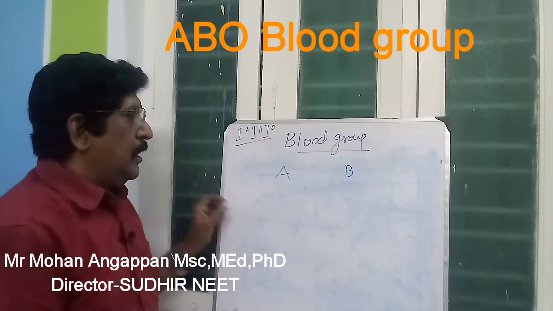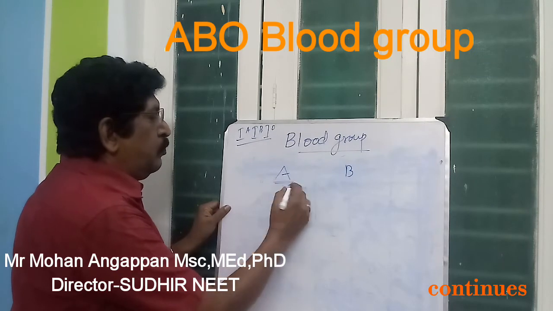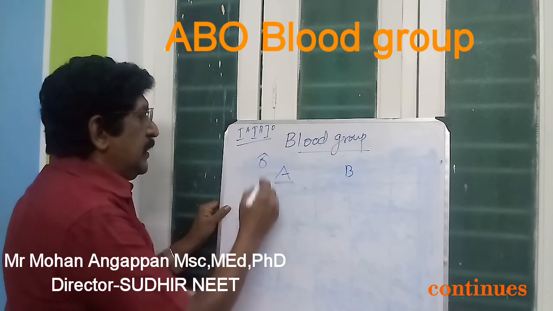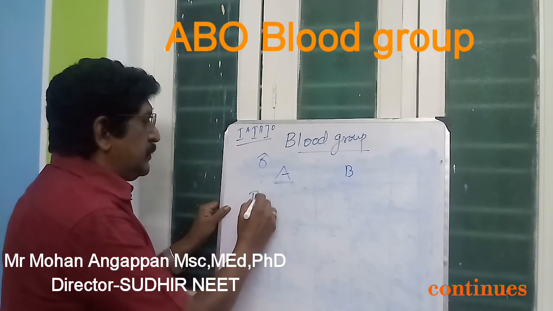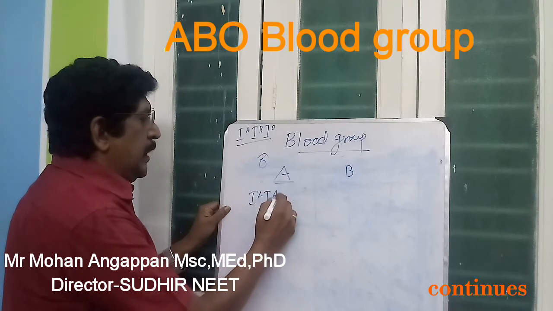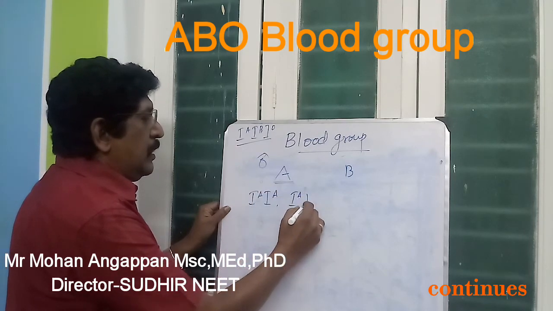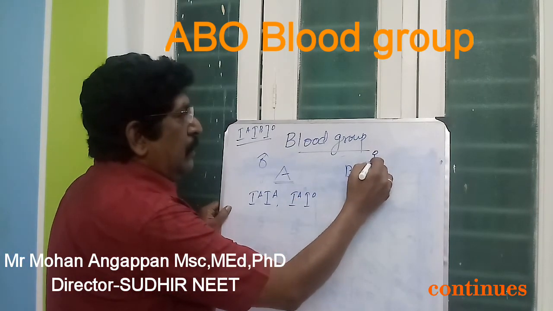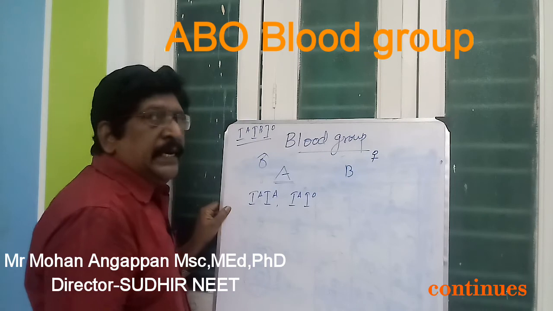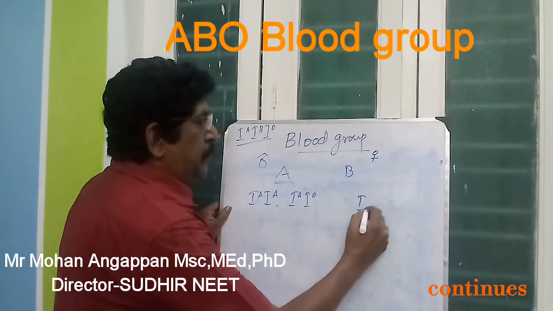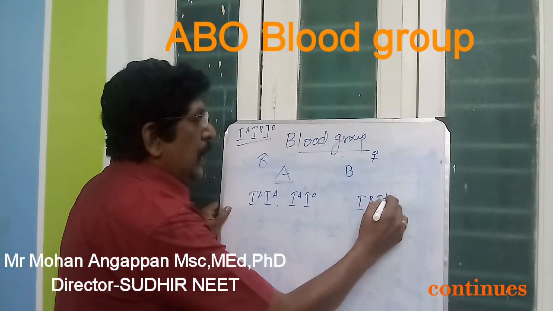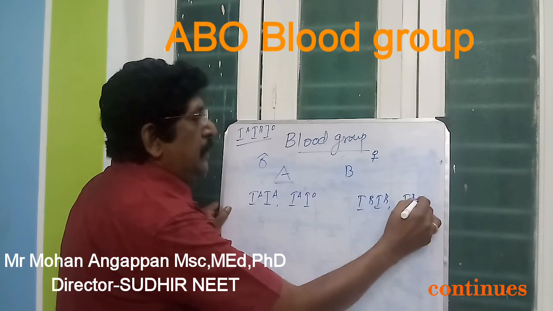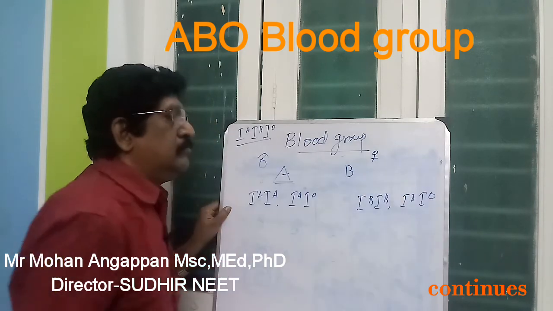Let us see. So for A group, father, there are two types of genotypes, IA IA and IA I0. For female, mother, genotype IB IB and IB I0.